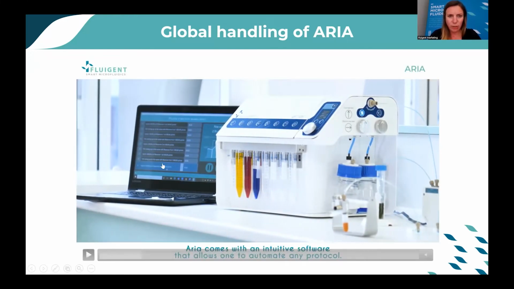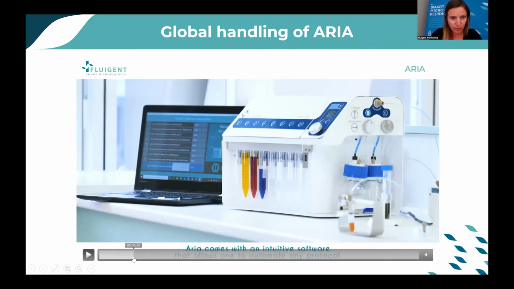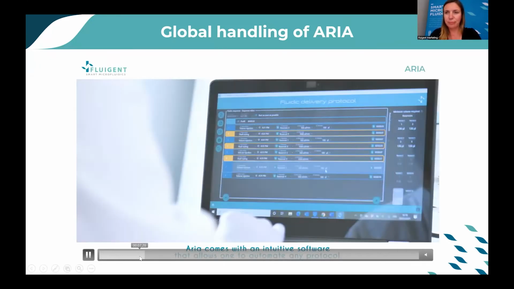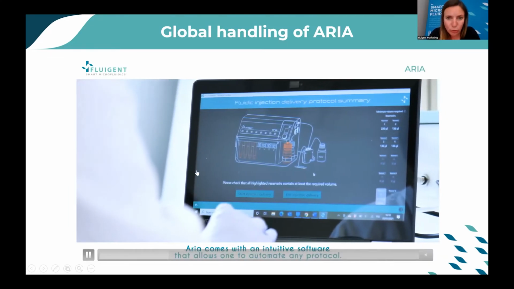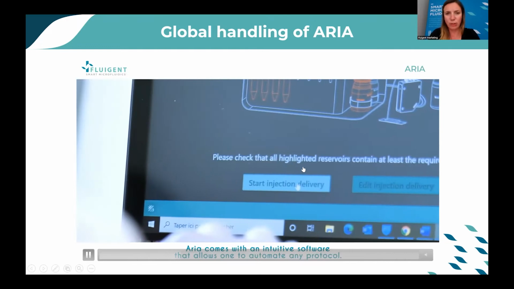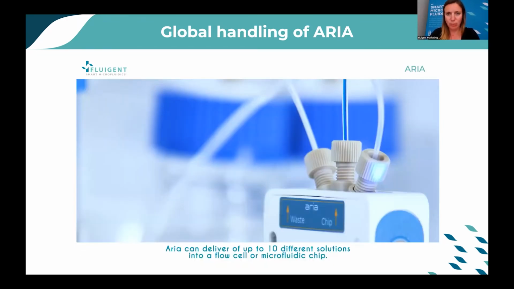Okay, so here is the ARIA software that I told you is very intuitive. You can create your automated protocol. You simply add the fluid delivery orders, incubation time, TTL signals. To illustrate the procedure, once you have set everything and the calibration is done, you can start to inject the delivery program.